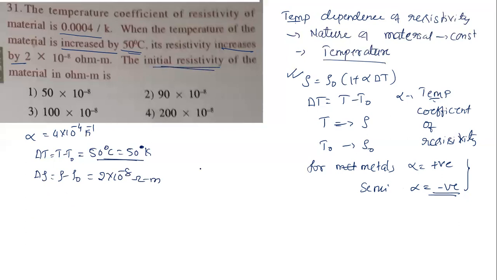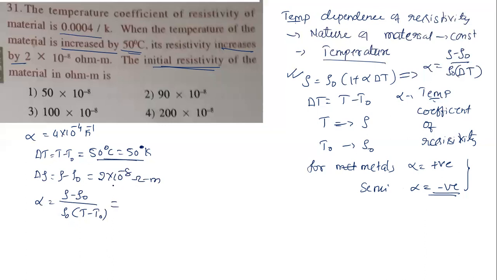Simplifying the formula, we get alpha equal to rho minus rho naught divided by rho naught times delta T. So alpha equals rho minus rho naught divided by rho naught into T minus T naught. Now we insert the values.